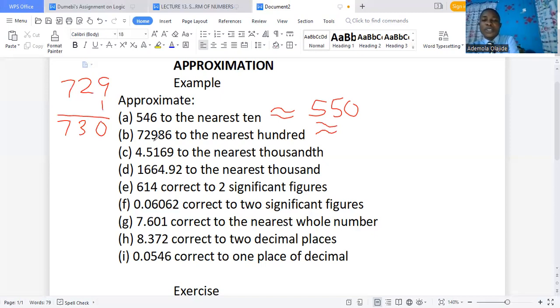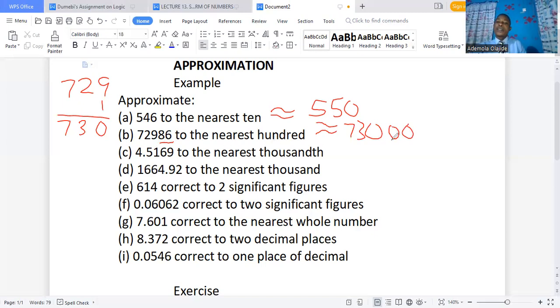So this becomes 730. Then the remaining 2 digits there, since the number is a whole number, we turn both of these 2 digits into 0. So it is 0, 0. That is to the nearest 100.